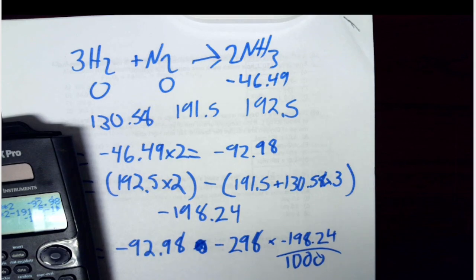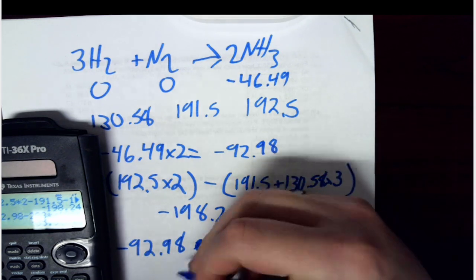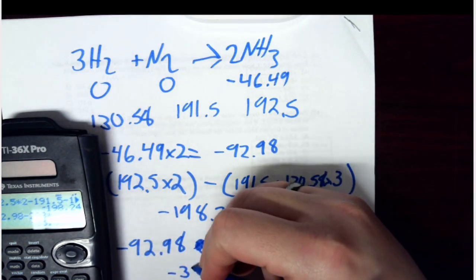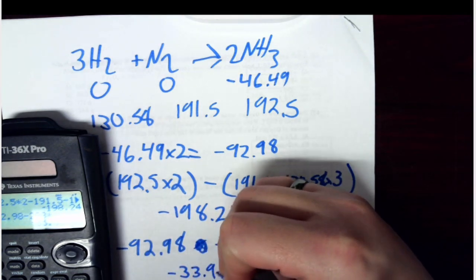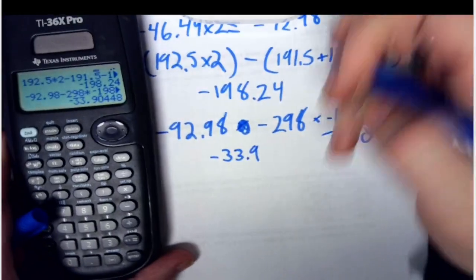Negative 92.98 minus 298 times negative 198.24 divided by 1,000. Entropically, this is favored. Not by much, but it's favored. That's kilojoules.